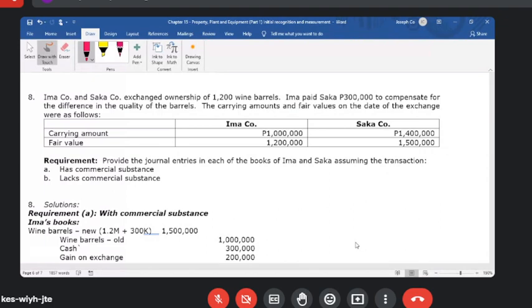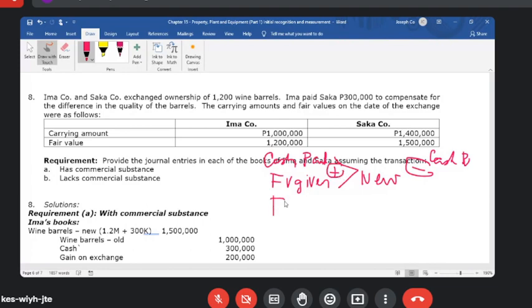Okay? Kaya for commercial substance, no, fair value given, cash paid, new asset, or minus cash received, new asset.